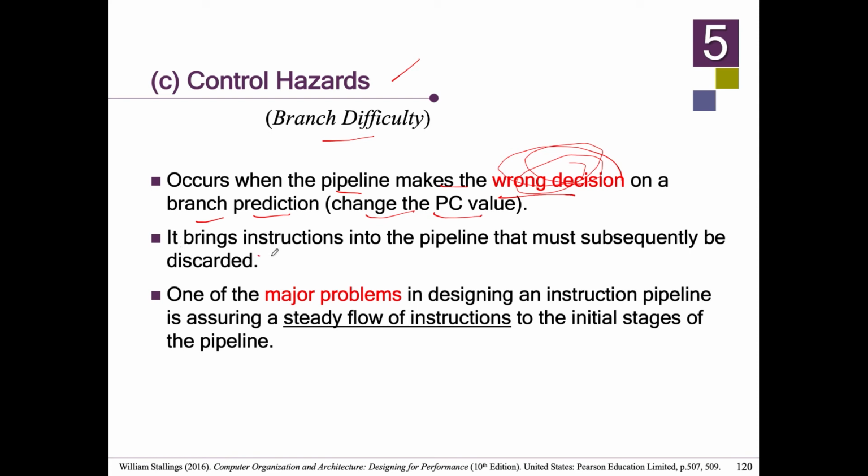It brings interruptions into the pipeline that must subsequently be discarded. And lastly, one of the major problems in designing an instruction pipeline is assuring a steady flow of instructions to the initial stage of the pipeline.